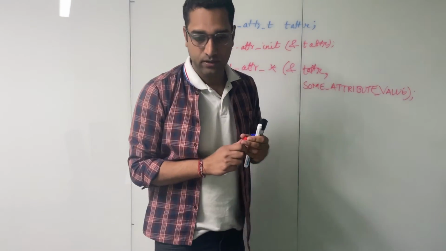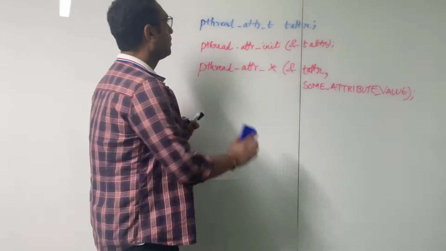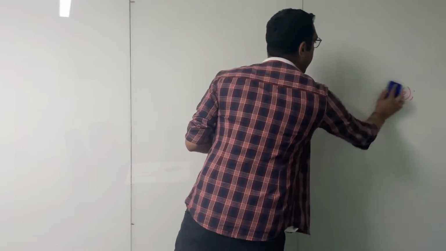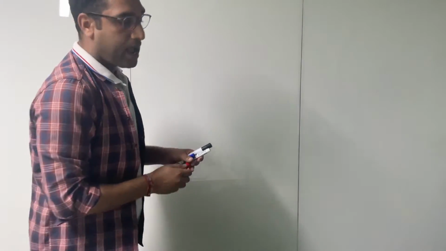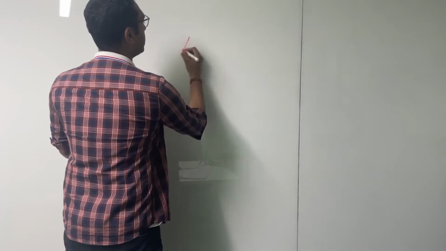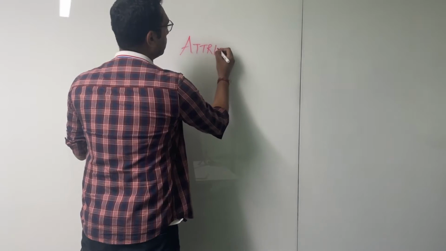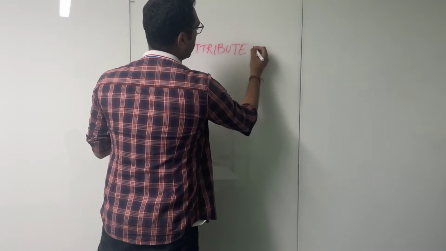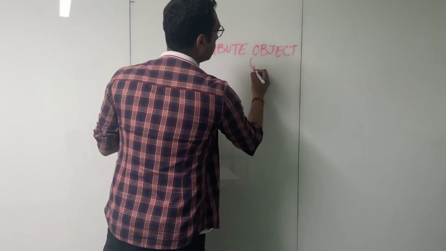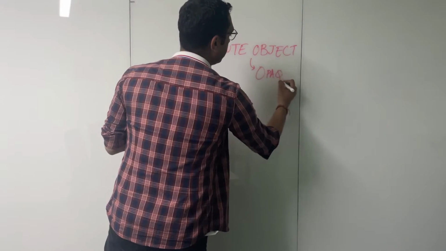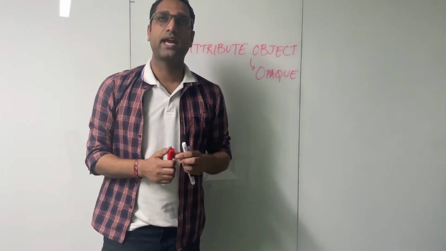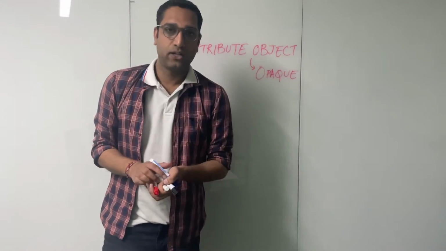Sorry about the interruption. Okay, another thing we need to understand about the attributes is that the attribute object is always opaque. What does that mean? It means that they cannot be directly modified through assignment.